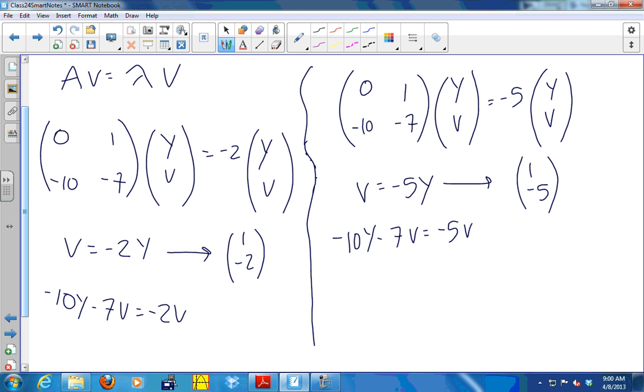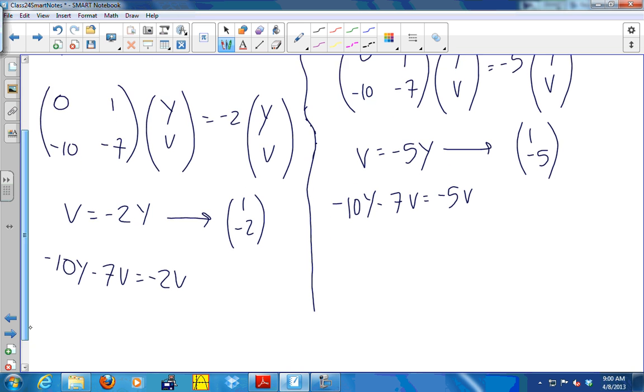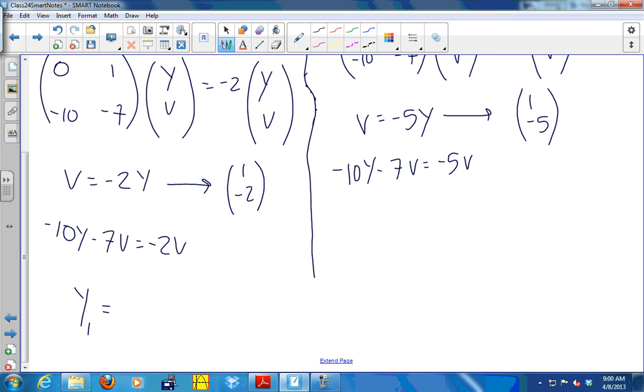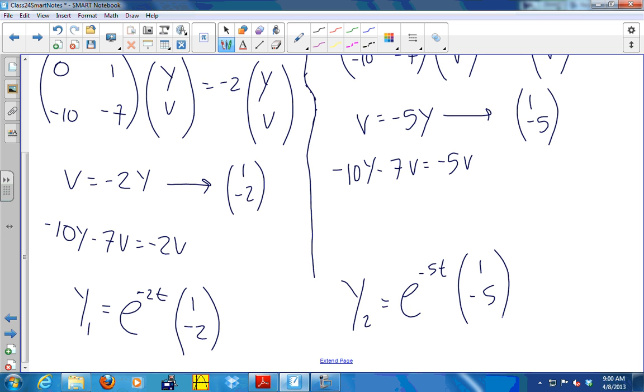My solutions are of the form e to the lambda t v, and I put them together in a linear combination. So let's see, I have y1, e to the lambda, which is -2, t v, which is 1, -2, and y2 is e to the lambda t v, where v is 1, -5. So my eigenvalues and associated eigenvectors give me straight line solutions, and now I take a linear combination of these two to get the general solution.